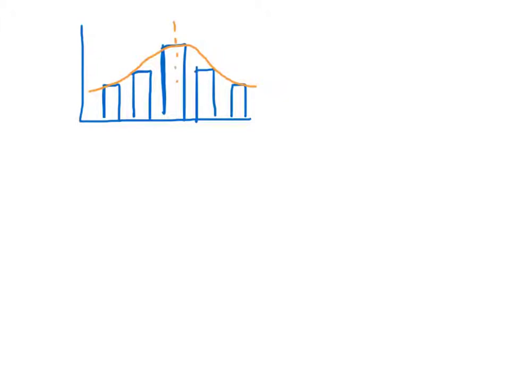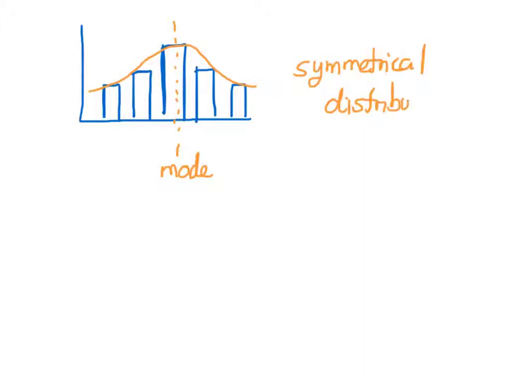In other words, on either side of the mode, the curve looks pretty similar, right? The mode can be considered the mirror, and on either side we have mirror images. And this is known as a symmetrical data set, or a symmetrical distribution. And this occurs shockingly often in natural data sets.